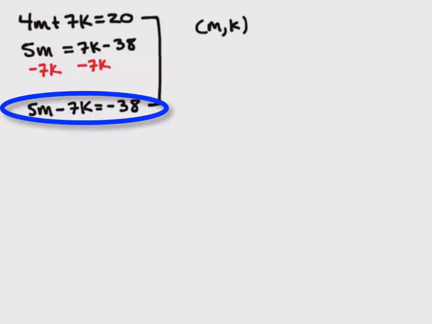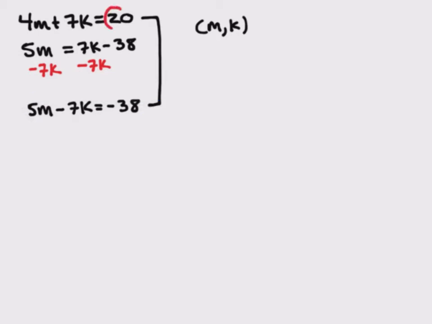So let's look at this equation right here. 5m minus 7k equals negative 38. Of course, if we add the same number to both sides of the equation, we're going to get a true statement. And that's exactly what we're going to do, but in a very tricky way. We're going to add 20 to both sides of this equation. On the right-hand side, we're going to actually add the number 20.